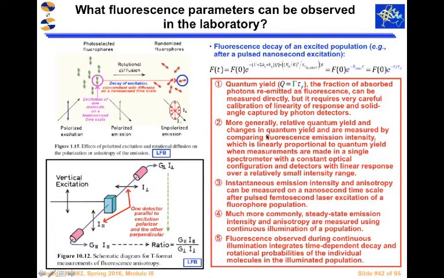More generally, in the problems I've assigned to you, the experiments I've asked you to analyze, relative quantum yield and changes in quantum yield are measured by comparing fluorescence emission intensity. Now, fluorescence emission intensity is linearly proportional to quantum yield when measurements are made in a single instrument with a constant optical configuration and detectors with linear response over a relatively small intensity range.